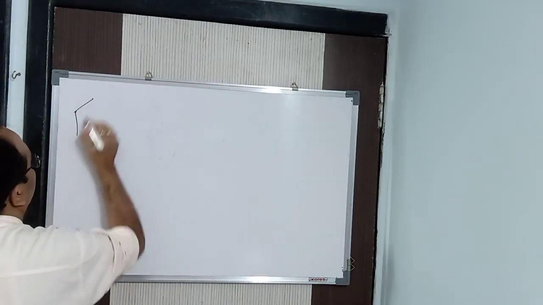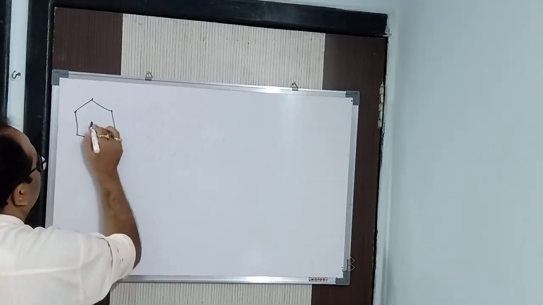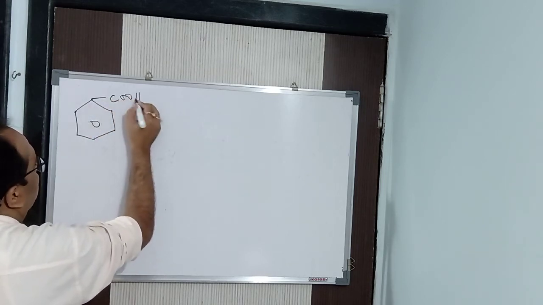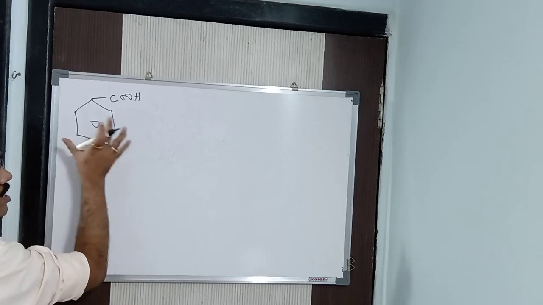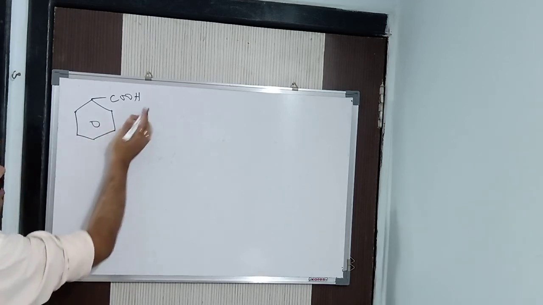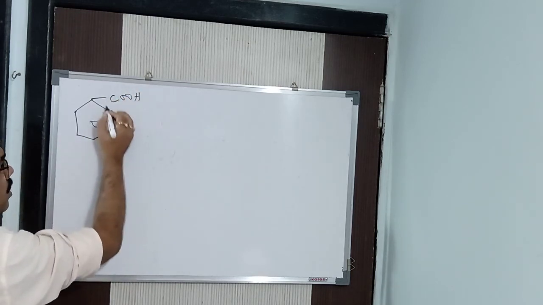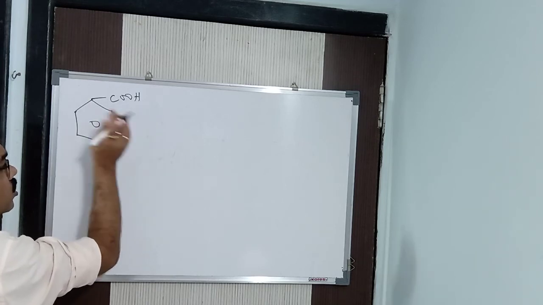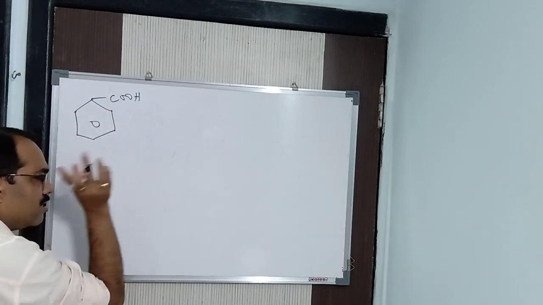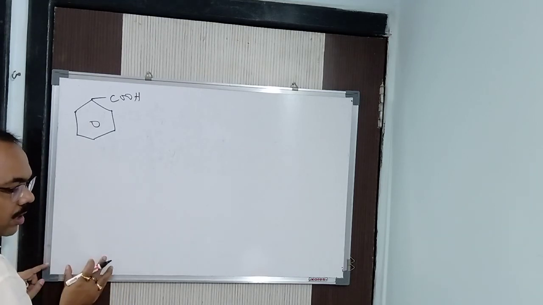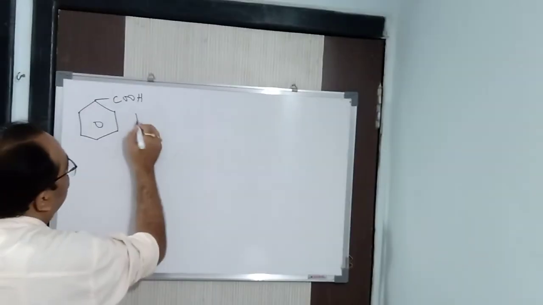Let us do halogenation, because it is done by an aromatic compound. Again I repeat, electrophilic substitution is not done easily in benzoic acid, because the COOH group is deactivating, so you need drastic conditions.